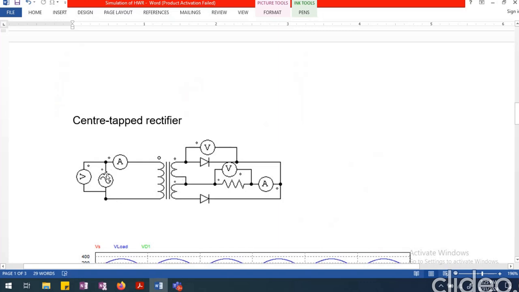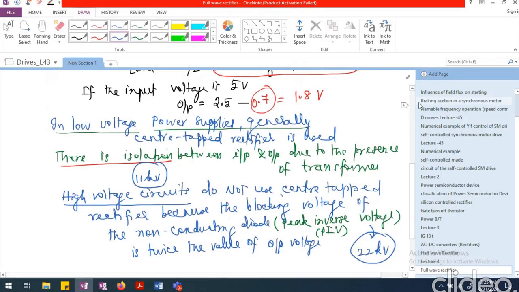You can see this is the AC voltage source that is connected to the primary. On the secondary side, there are two diodes that have been connected exactly similar to what we had drawn here. If you may recall, this is what we had drawn in the center tap rectifier circuit.